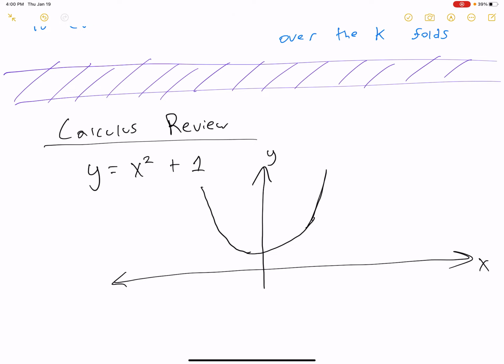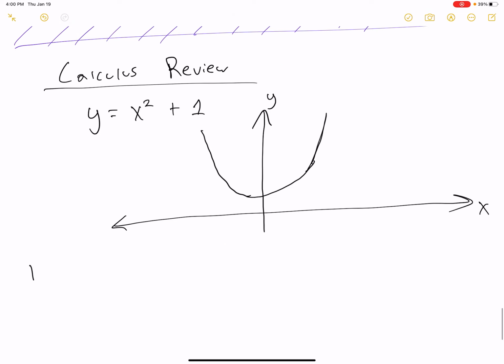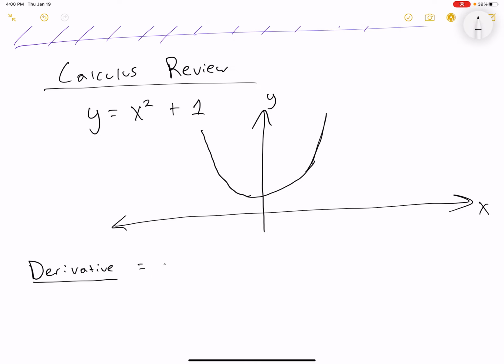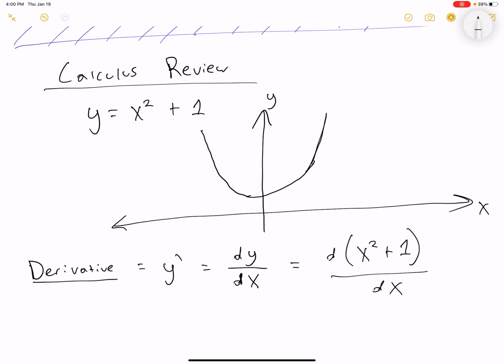In calculus, we have this concept of a derivative. So the derivative, as we all know, is also written as y prime, also written as the derivative of y with respect to x, and you could also write it as the derivative of x squared plus 1, which is y, with respect to x.